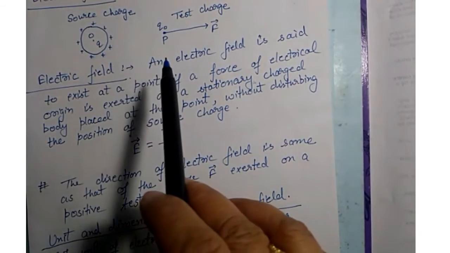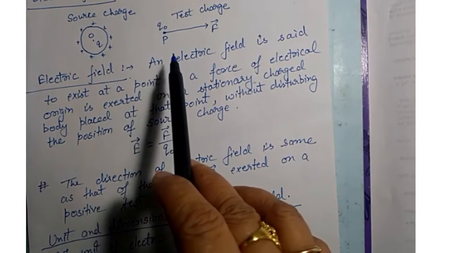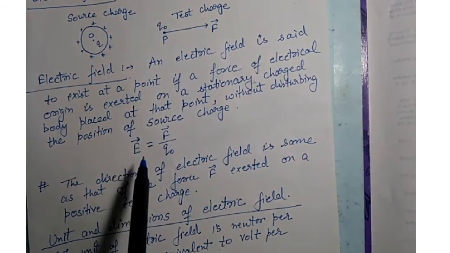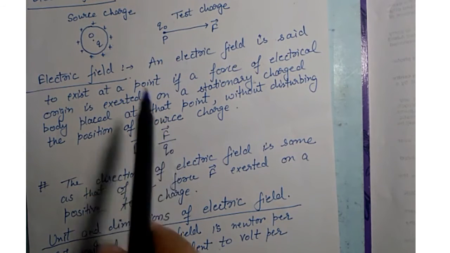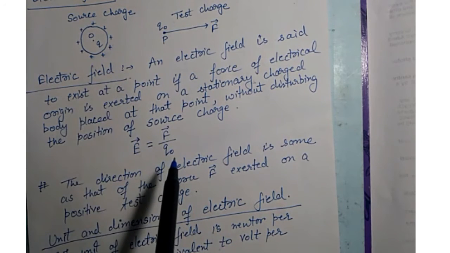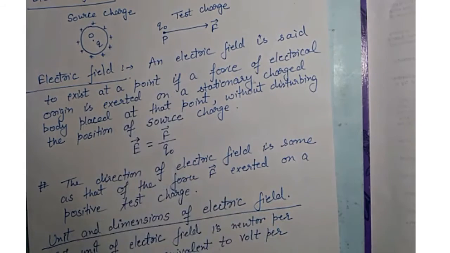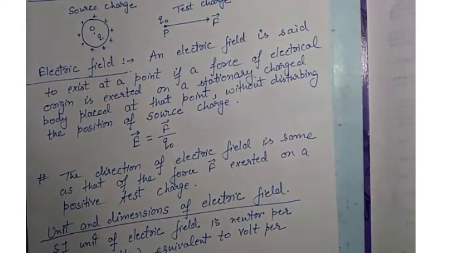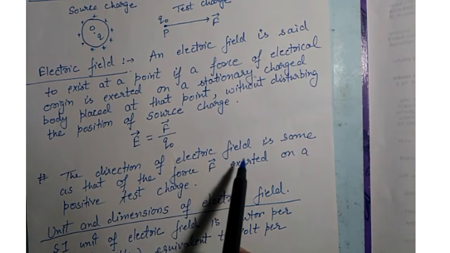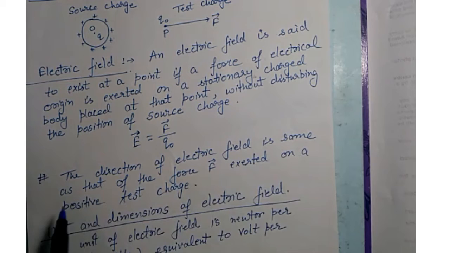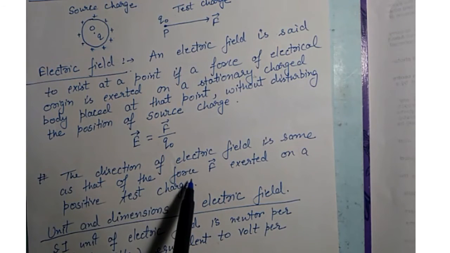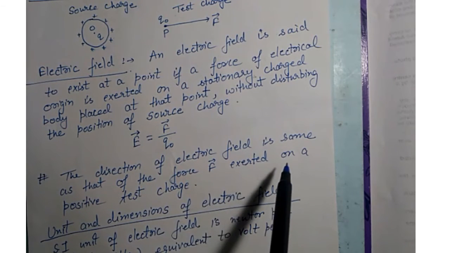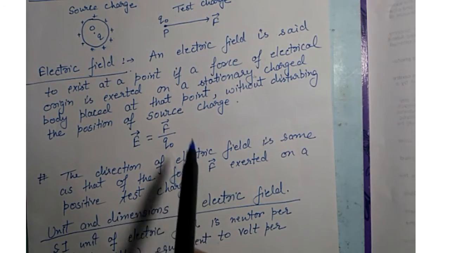So the electric field experienced by this test charge is E equals the force on this charge divided by the test charge. This point is to be noted that the direction of the electric field is the same as that of the force F exerted on the positive test charge.